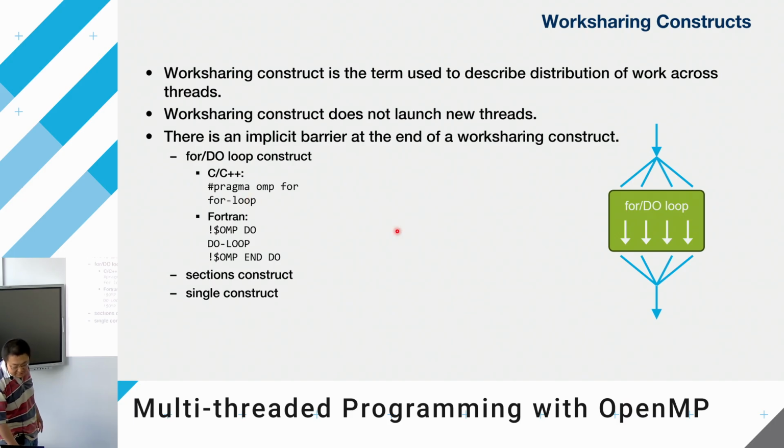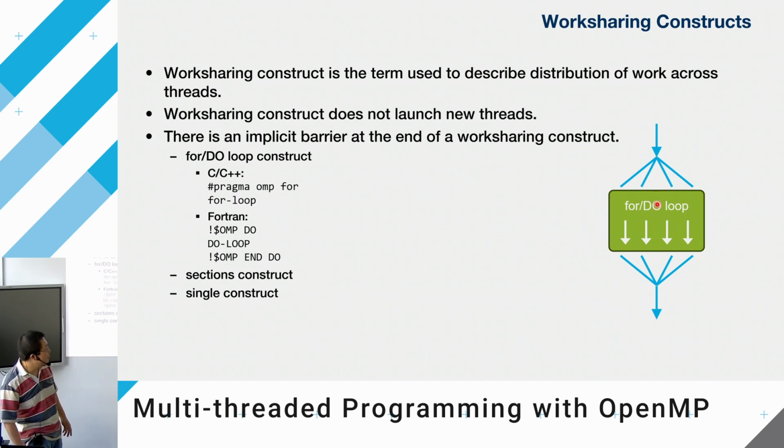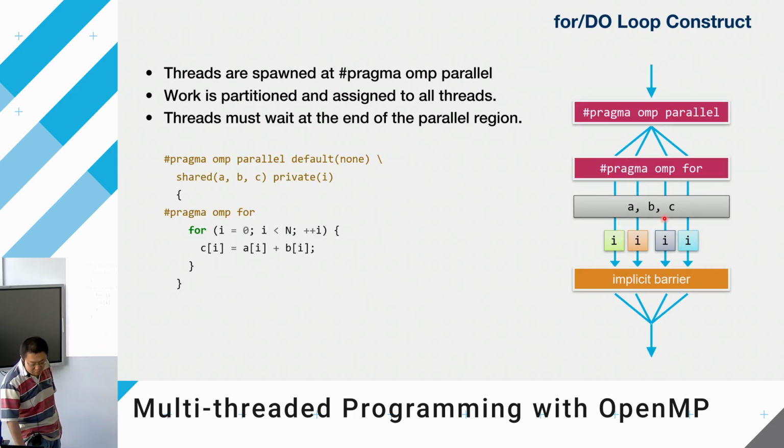To understand this, it's very simple. You have one thread, and then you have a parallel region. Inside this parallel region, you have multiple threads, let's say 4 threads. And then the 4 threads work on this for loop or do loop together by sharing the work.